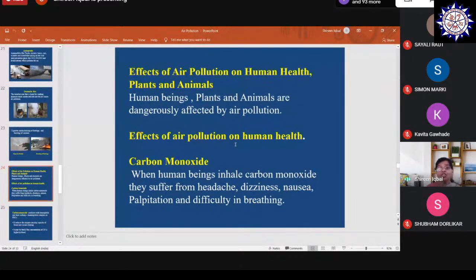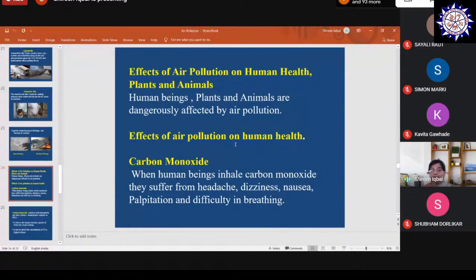Now the effects of air pollution on human health, plants and animals. So we have seen the poisonous gases which are emitted by the industries. Isn't it? We have seen carbon monoxide, carbon dioxide, sulfur dioxide. All these are the poisonous gases which are emitted from the factories.